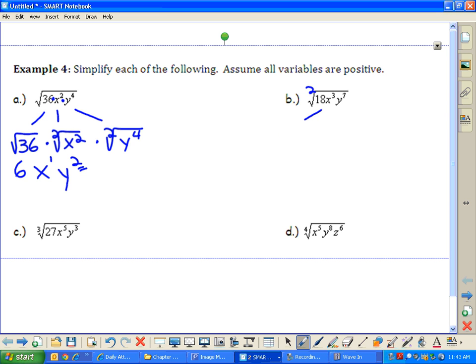So this is the same thing as taking the square root of 18 times the square root of x to the 3rd times the square root of y to the 7th. Then we just ask ourselves, well, how do you simplify the square root of 18? You use the product property again to do that. The perfect square factor of 18 is indeed 9. Square root each piece, you get 3 root 2.